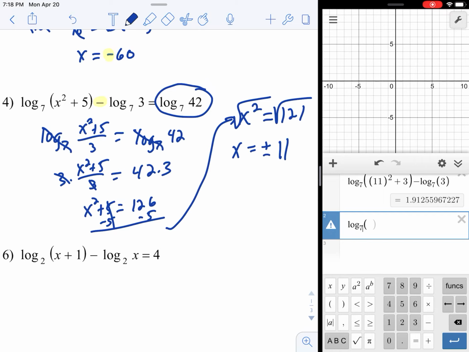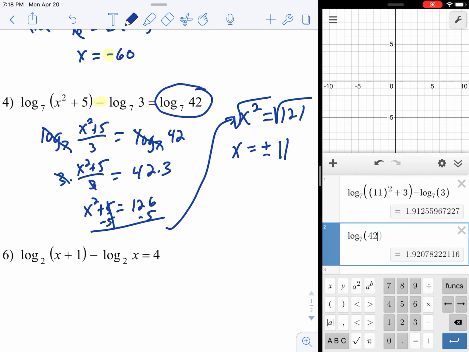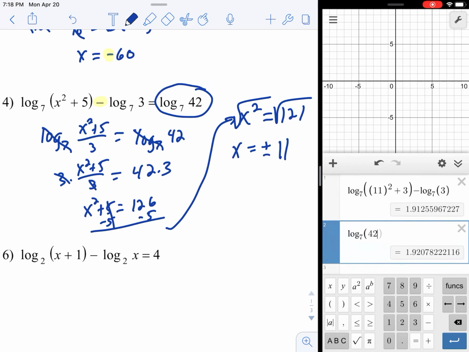Log base 7 of 42. And you see something's wrong. Oh, duh. See that right there? That's a plus 5. That was supposed to be a plus 5. Okay, now they both match, 1.92. So 11 is a good answer.